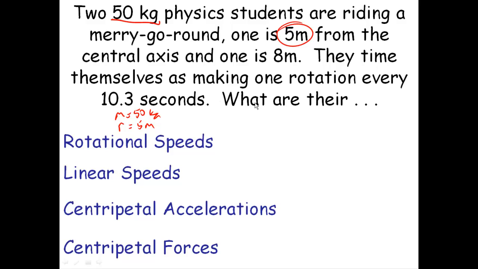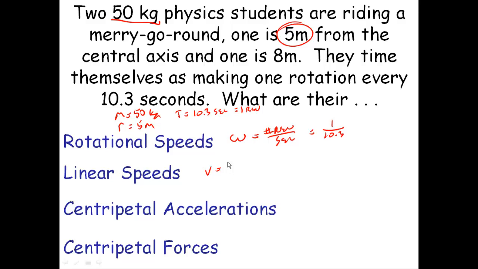They time themselves making one revolution, every 10.3 seconds. What's their rotational speed? Well, omega is the number of revolutions per second, so it's one revolution for 10.3 seconds. So 1 divided by 10.3.